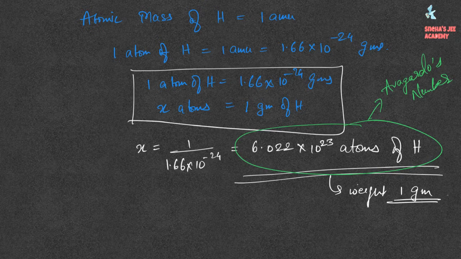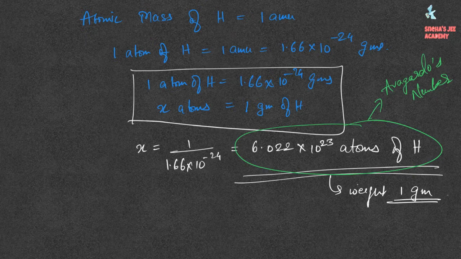So Avogadro's number is nothing but the number of atoms of a particular element whose weight or mass will be equal to the atomic mass of that element. Let me write this down.